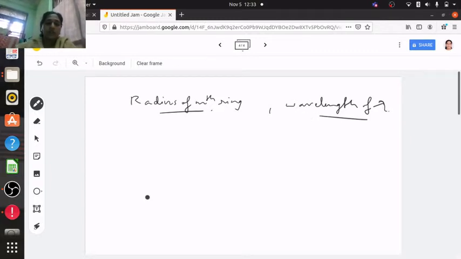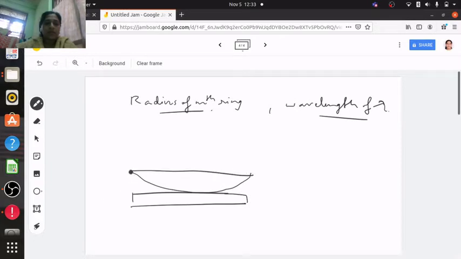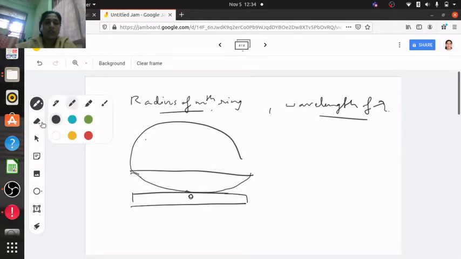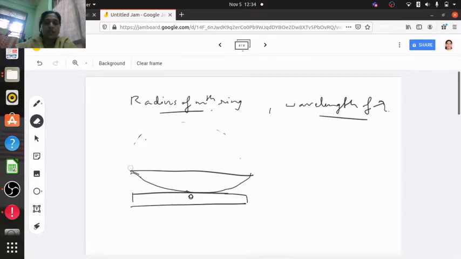In the Newton's ring arrangement, we are considering again this glass plate and this convex lens, with the point of contact as O. Let the radius of curvature of this convex lens be R, and the center of curvature of the lens is at C. You can complete the figure of that lens by extending this to a circle.